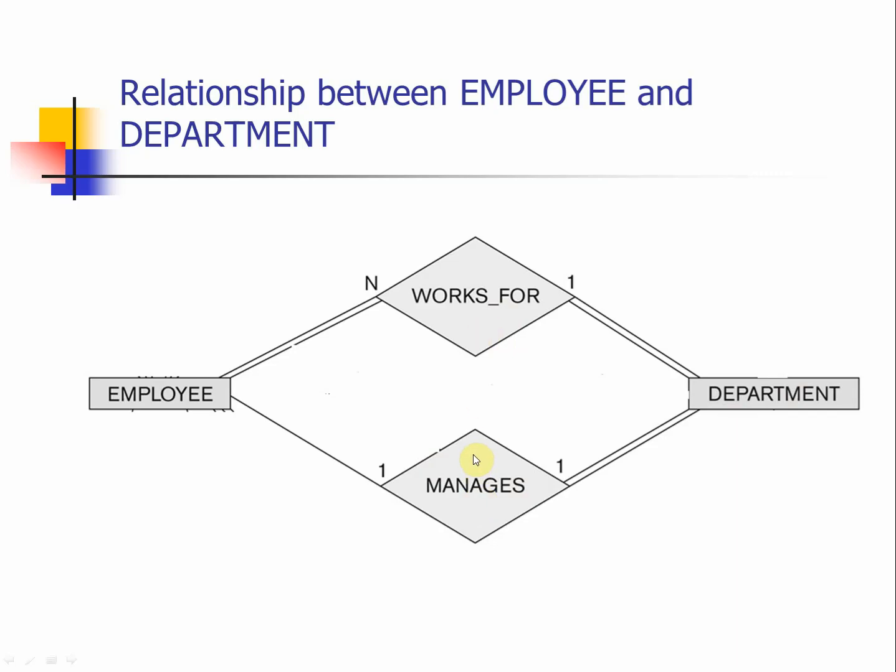Of course, you may have already noticed that we use a double line over here, a single line over here, and we use one and n to represent some other information. Those are the things I want to continue discussing. But at this moment, I want you to understand that we use a diamond shape to indicate that there is a relationship between the employee and department tables.